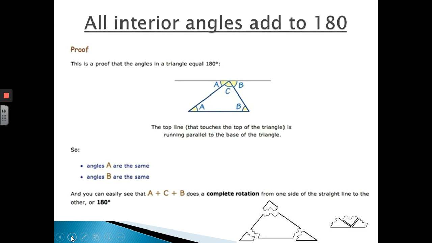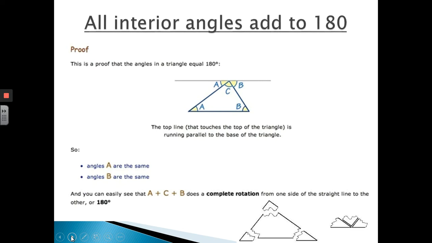Here is another fun activity for children to discuss some of the rules associated with triangles. In a triangle, all the interior angles add up to 180. So you could get your children to create as many different triangles as they want. They could make an isosceles, an equilateral, a scalene, a right angle triangle, all the different types.